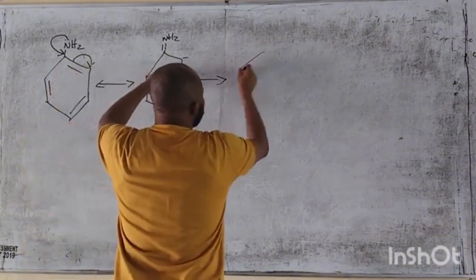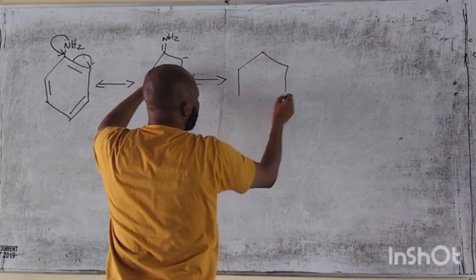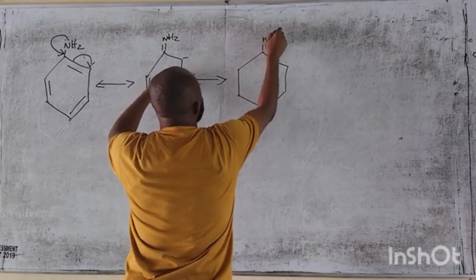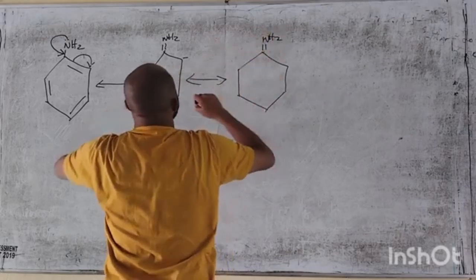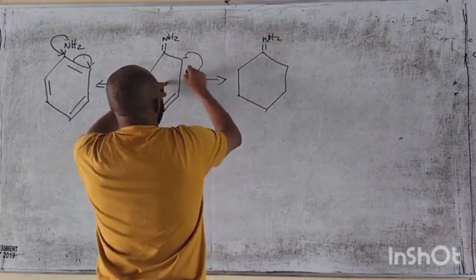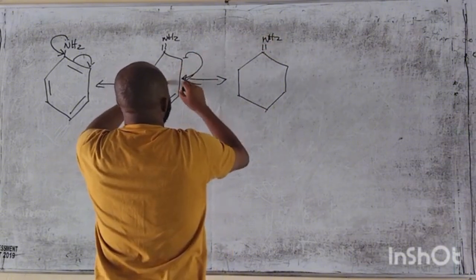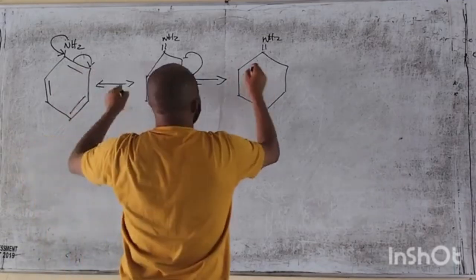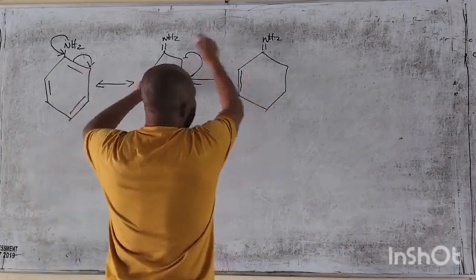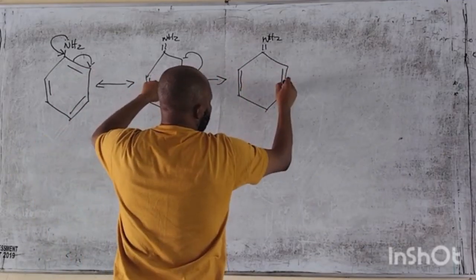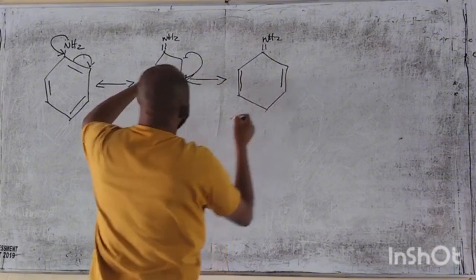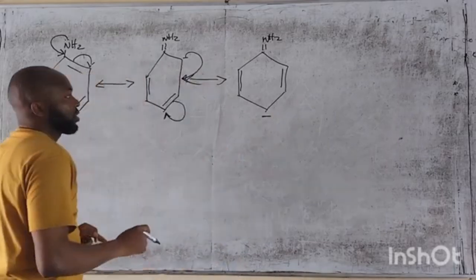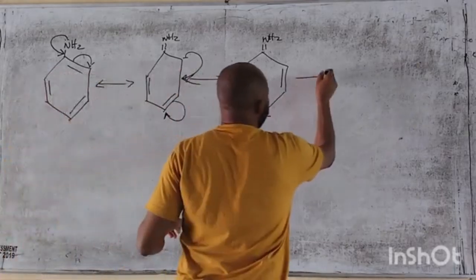Or better still, I move this one here to cover this position, and this one will move. So now I will have this. This is my NH2, obviously. So this is coming down here, and this will have to move to here. So remember, this one is here already. So this one coming down here, this is it. Then this one is moving down here. It becomes this, negative here. Now I'll move again.